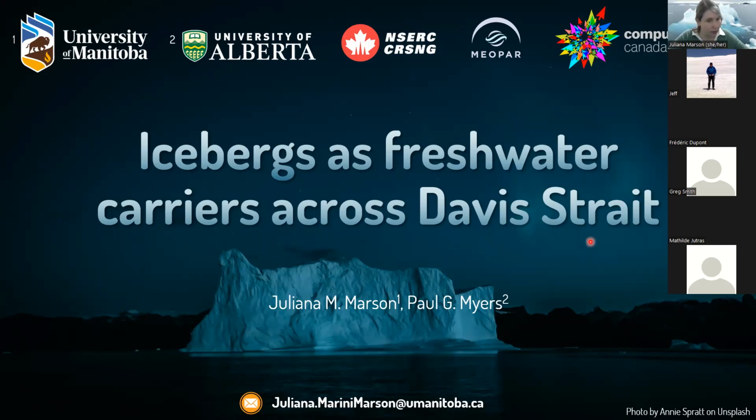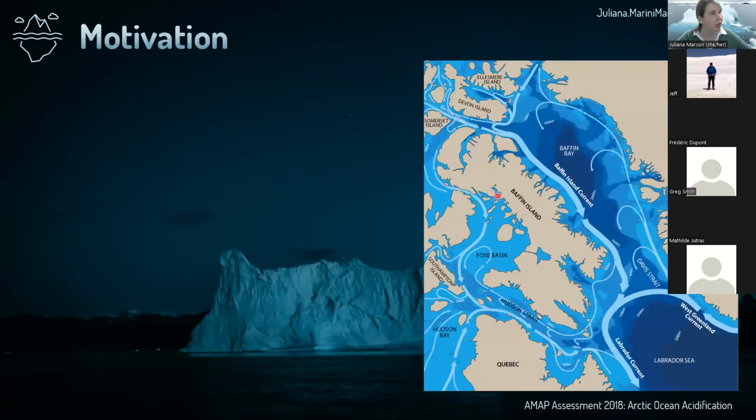So here I have this schematic that shows the ocean circulation around Davis Strait. We can see the West Greenland current flowing northward with its several recirculation branches, and the southward flowing Baffin Island current.